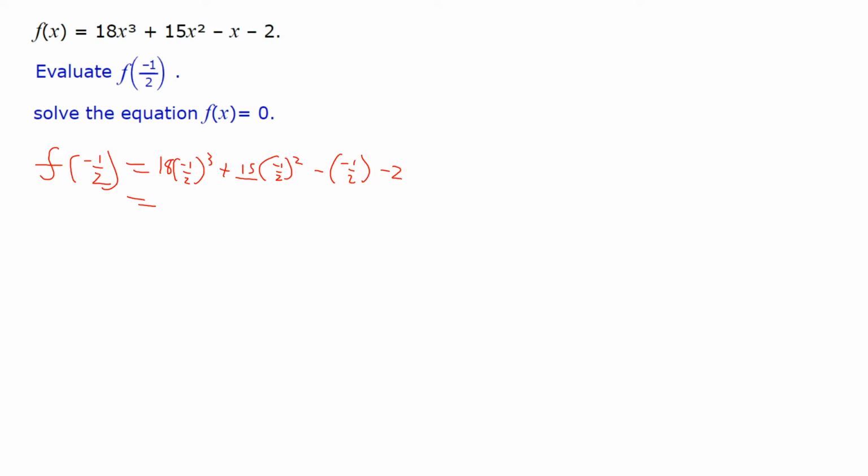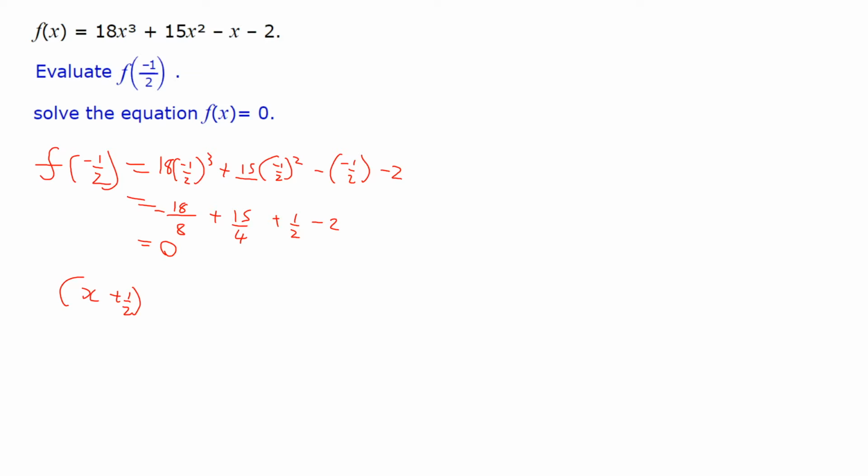And that's just going to be 18 over 8 plus 15 over 4 minus 15 over 8, plus a half, minus 2, which is just going to be 0. So therefore, a factor is going to be x plus a half.